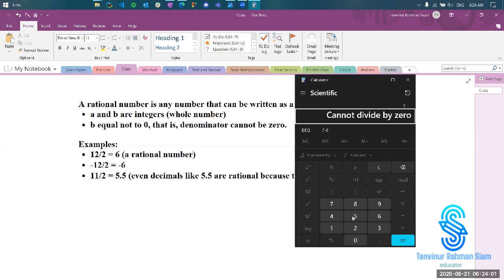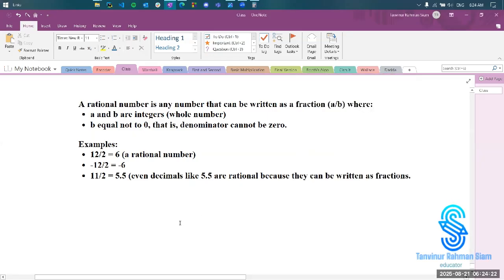So whenever you are dividing something, that is A divided by B, both need to be integer numbers. Both need to be whole numbers, and they have provided some examples.